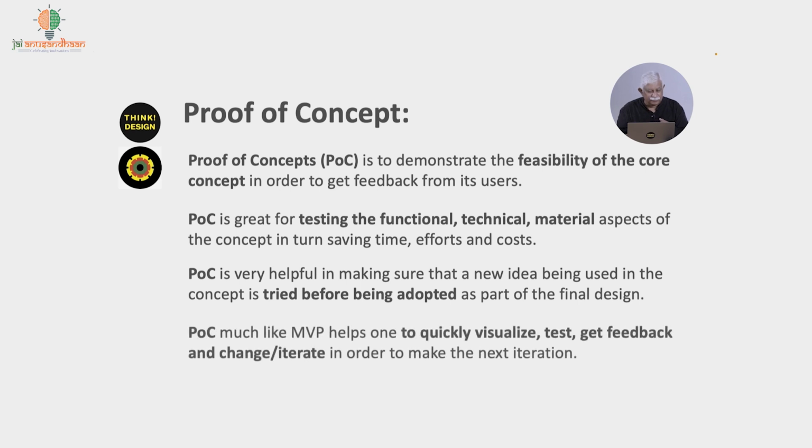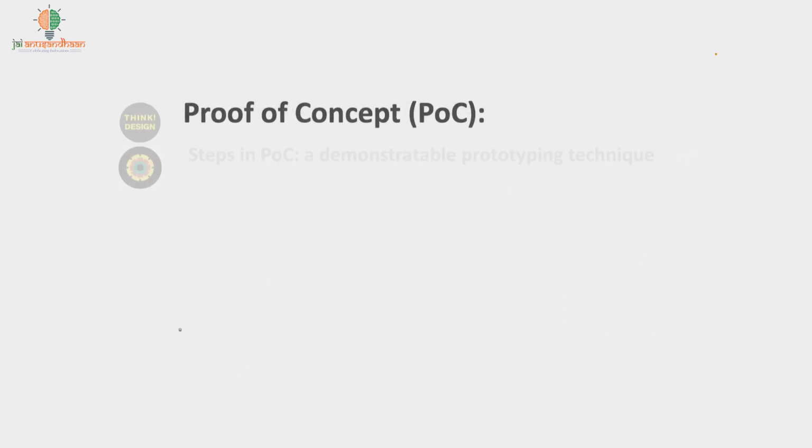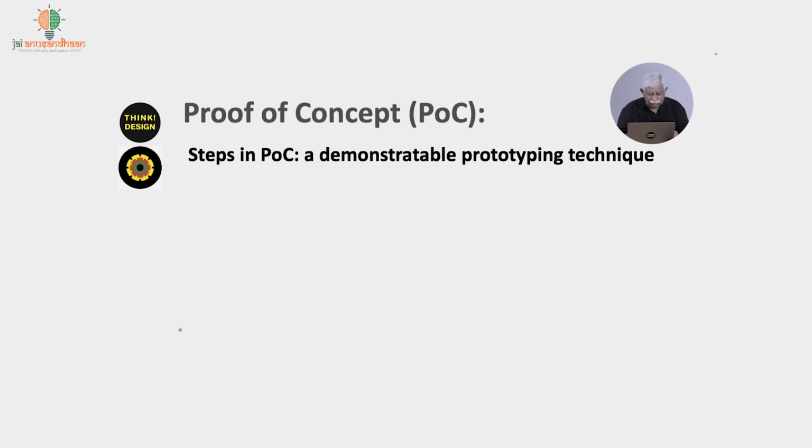It helps you to quickly visualize, test and get feedback and change or iterate in order to make the next version of it. Some examples, this we have seen before, a POC mockup of this version that helps you test it out. Again, he did not go through with the final design, he took another version of it.